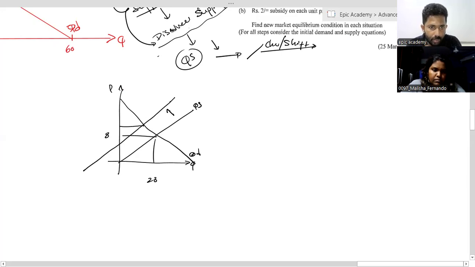Price increasement must be there, to any kind of amount, we don't have any idea about that one. And quantity of exchange is also reduced.